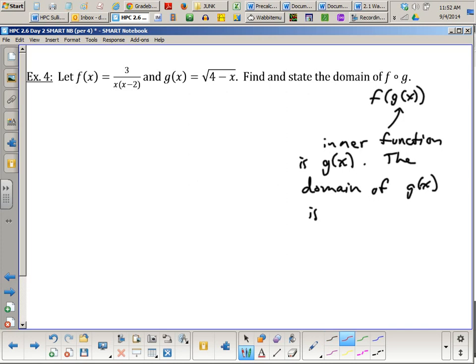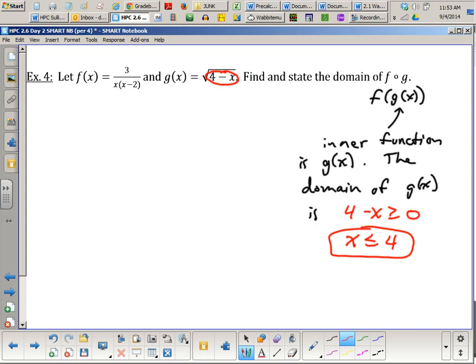You have to maintain that 4 minus x is greater than or equal to 0. That's the rule. Okay, so you would conclude that this is the first half of your answer. This makes g happy. So if you give numbers 4 or less, g is happy.